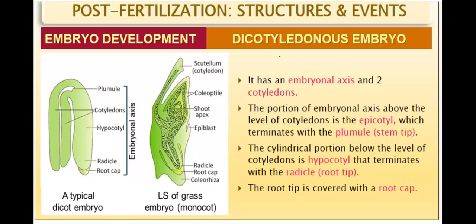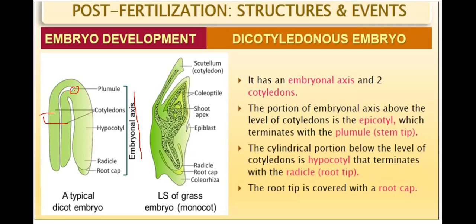Now we'll be discussing the dicotyledonous embryo. It has an embryonal axis and two cotyledons. So this is one embryonal axis and it has two cotyledons. These are the cotyledons. So this is a typical dicot embryo. The portion of the embryonal axis above the level of the cotyledons is called the epicotyl, and it terminates with the plumule, or stem tip.